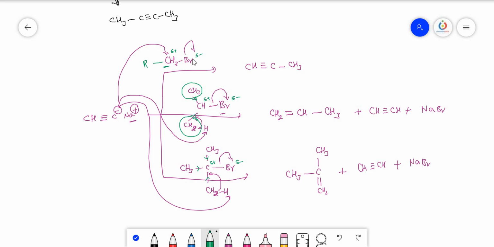The halogen-bearing carbon atom has more positive charge, so the alkynide directly attacks the carbon to replace bromine in the form of Br⁻ ion. That is the reason why, whenever you take primary alkyl halides, higher alkynes are produced, and whenever you take secondary or tertiary alkyl halides, the products are alkenes and alkynes, not higher alkynes. Higher alkynes we cannot prepare.